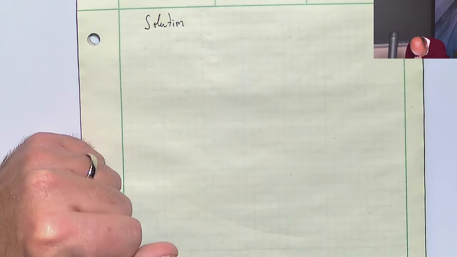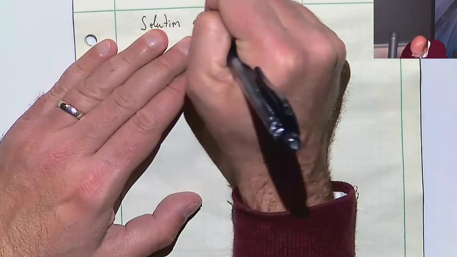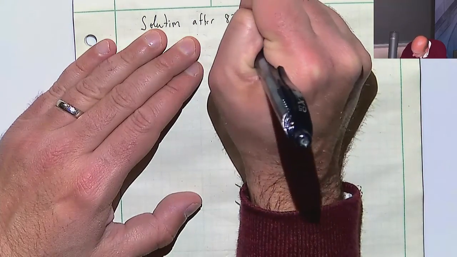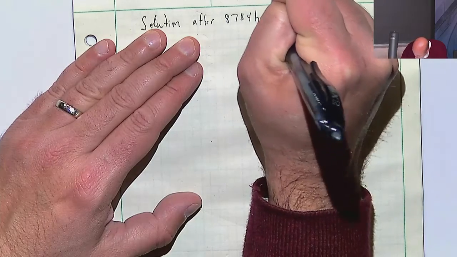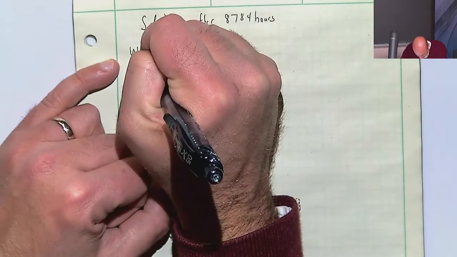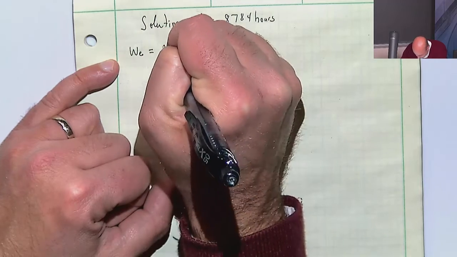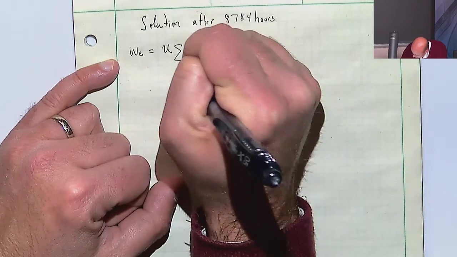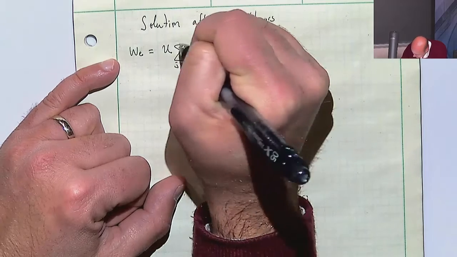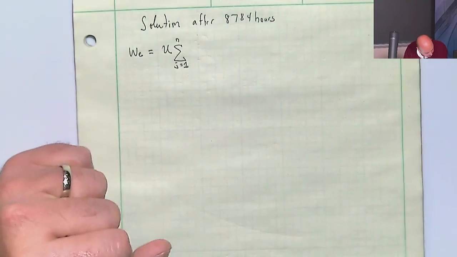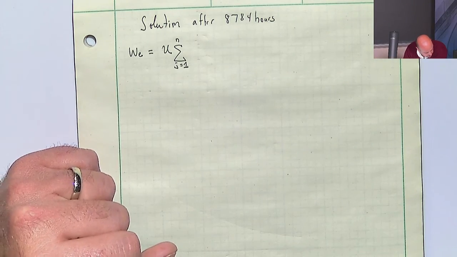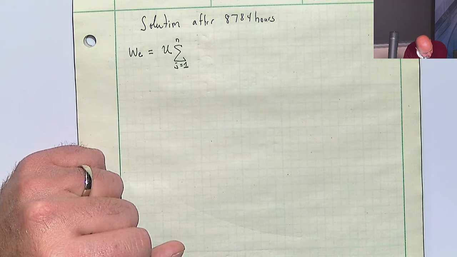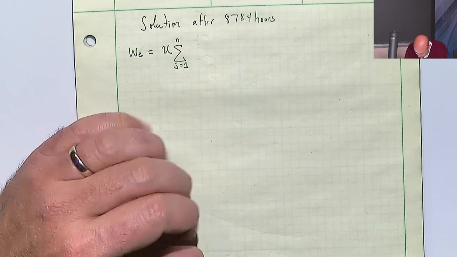And get ready because we're going to do some of this together. The solution after 8784 hours is given as WE is equal to U times the sum from J equal to 1 to N, but we've only got 2 times, right? So you started at 0, but then you went to 6576 hours and 8784 hours.